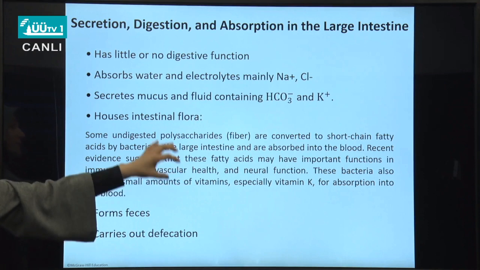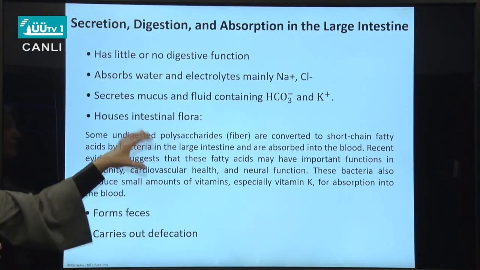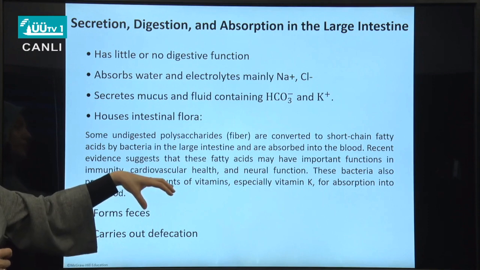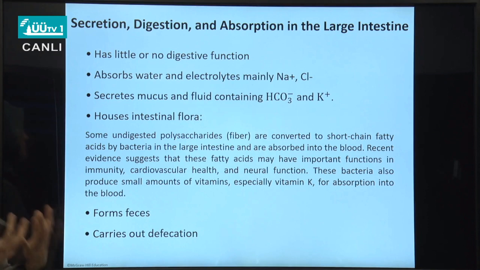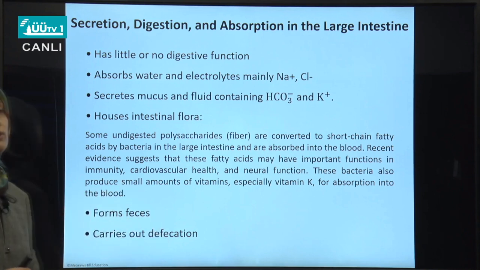And also recently it has been discovered that the large intestine has a very important function to increase our immunity. It also forms the feces and carries out the defecation.